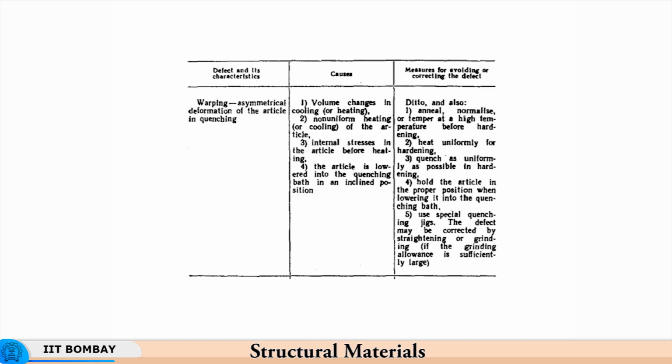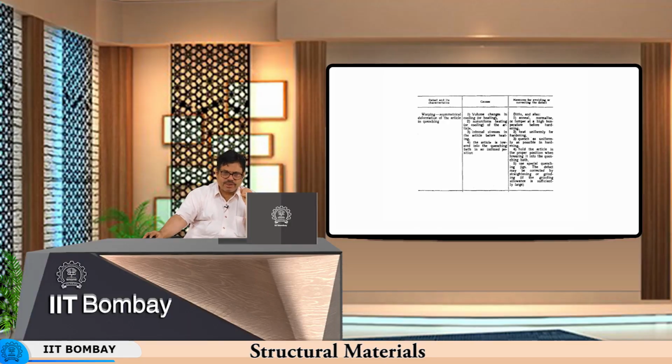Another thing is, supposing you have these volume changes and then warping has already taken place, then you need to avoid this, you need to anneal, normalize or temper at a high temperature before hardening. What it means is that you need to hold it basically at a certain temperature and then cool it down to harden it. So, here what happens is the transformation is not going to take place to martensite entirely.